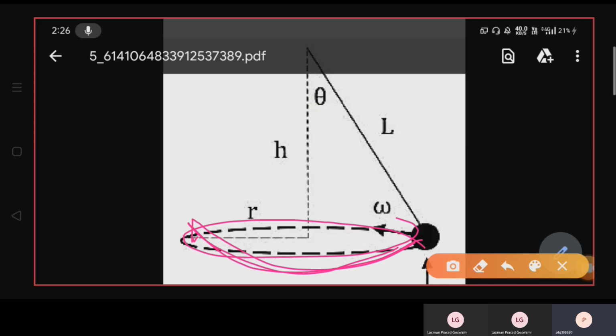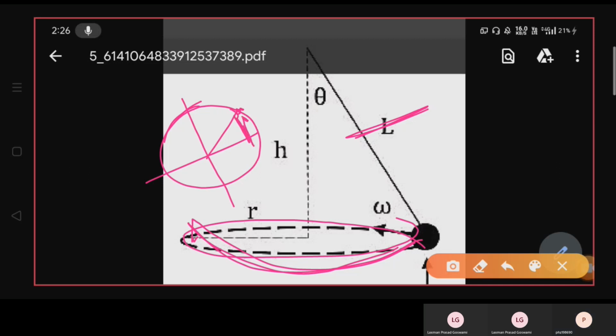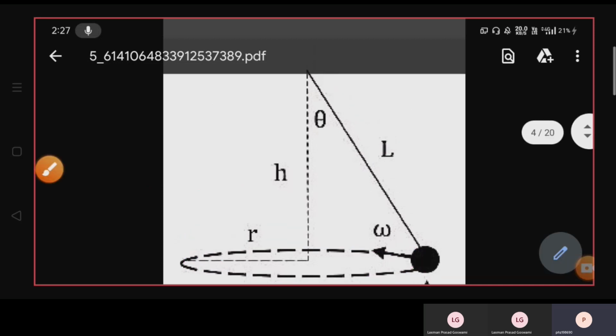And if you take the projection of this conical pendulum motion, you will get exactly simple harmonic motion. Suppose this is the mass of the pendulum at a certain instant of time. If you take the projection, then you can get the linear harmonic motion or simple harmonic motion.